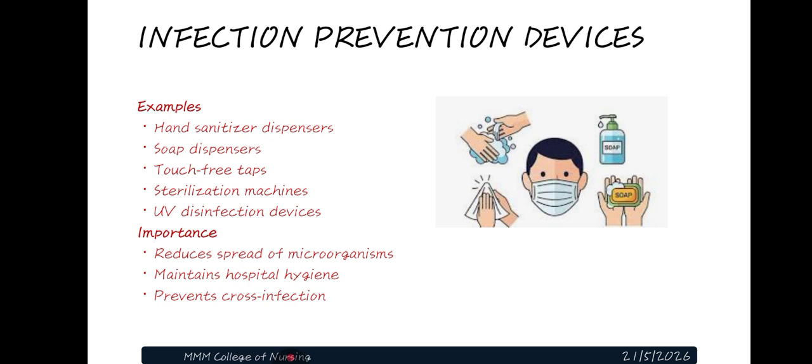So the hand hygiene is considered the most effective way to prevent infection in hospital. Nurses must wash or sanitize their hands before and after patient care. Modern hospitals also use sterilization equipment and touch-free devices to reduce contamination.